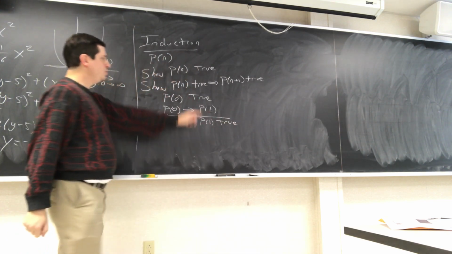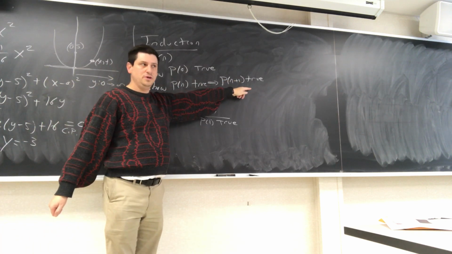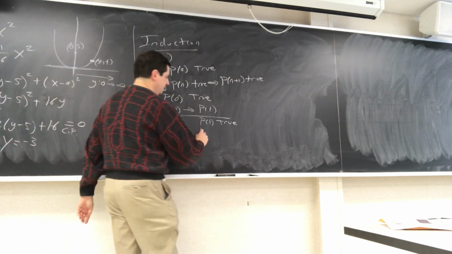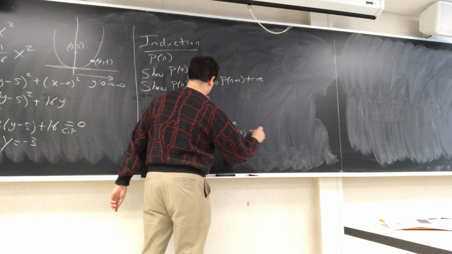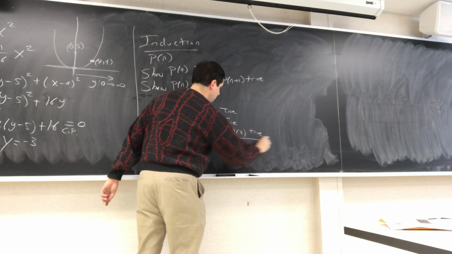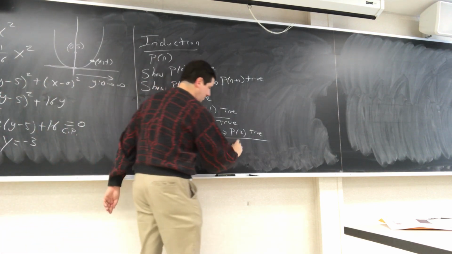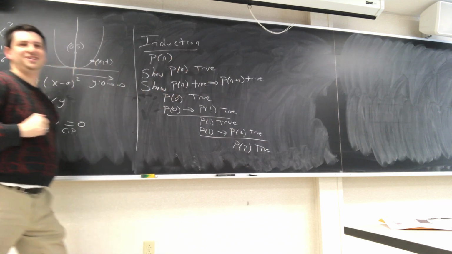We now come back to a general statement. Pn implies Pn plus 1 is true. What value do we take for n now? 1. And we now have P1 implies P2 is true. So what can I now conclude? P2. And now it's the shampoo method of mathematics.